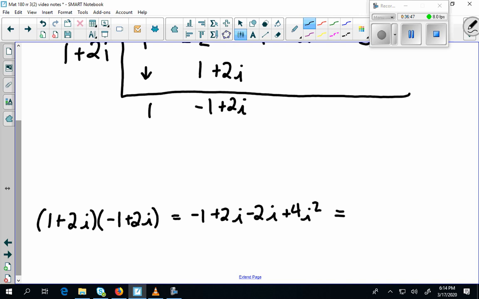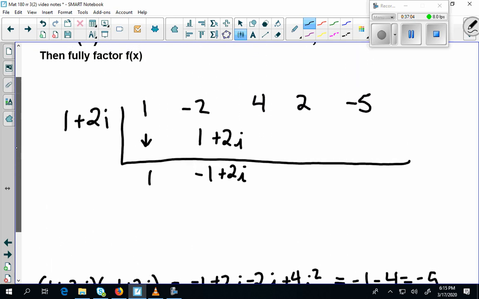That's going to simplify to -1 minus 4. And that is equal to -5. All right, nice. So I'm going to write -5 up here, because that's what I get when I multiply. Look at that, just a nice regular number, right?